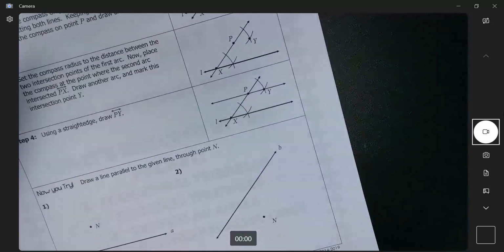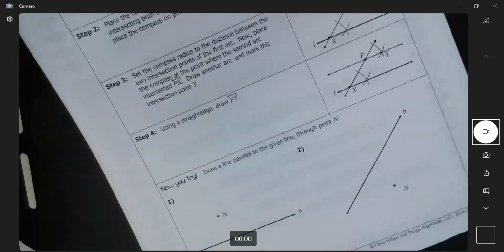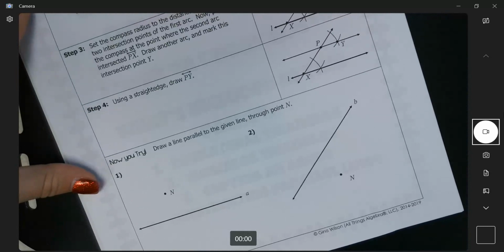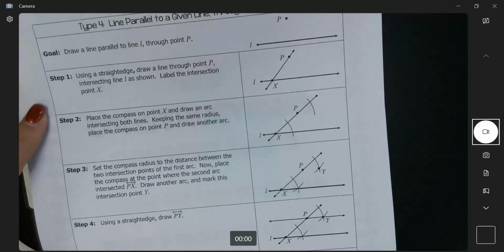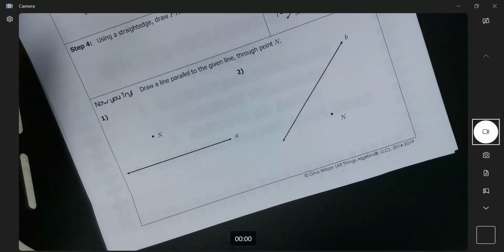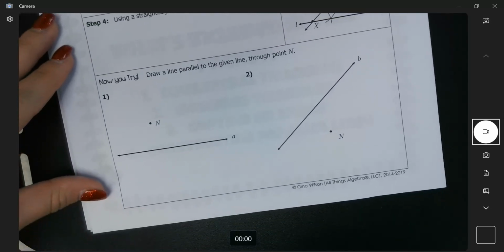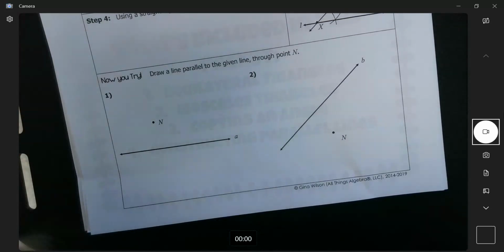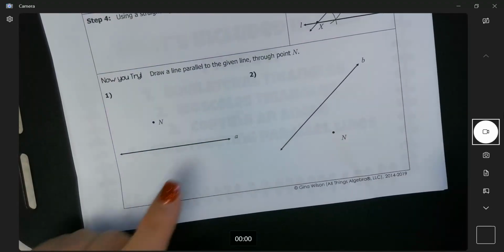I'm going to leave exercise 2, and I'm going to take a look at a line parallel through a given point. So again, all the steps are at the top of this page, and down here, we're going to practice that. So I'm going to look at number 1.